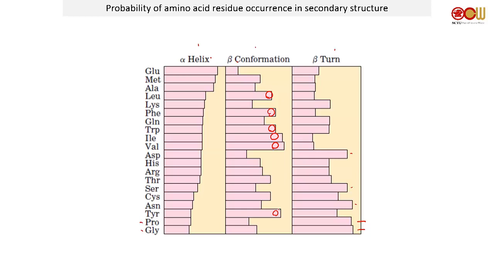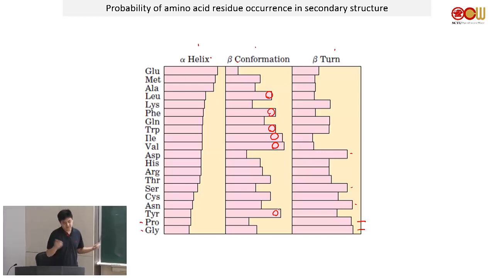From this figure, it already shows you that a lot of times your sheets are going to fall on each other. This is a very good graph that you can use to look at what kinds of residues typically occur where.